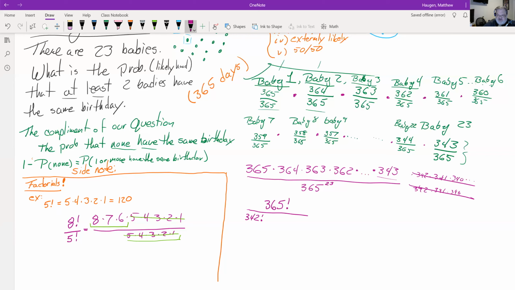So this gives us a very nice way to write a string of products that we can type very quickly, as long as we know that factorial tool and that factorial button. We still do need that denominator to have the 365 to the 23rd power. But it saves us a lot of writing, and when we try to put it into a piece of technology, it saves us a lot of typing.